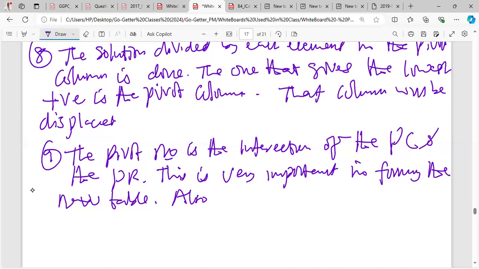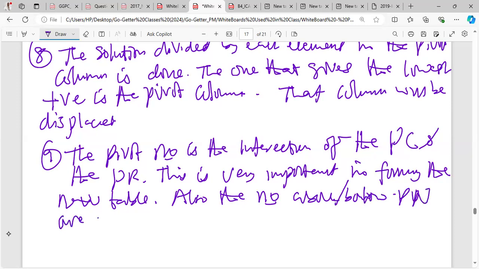Also, the numbers above or below the pivot number are also important.